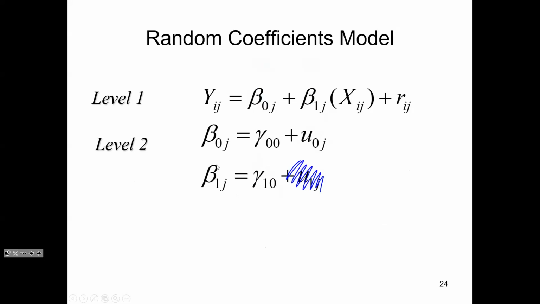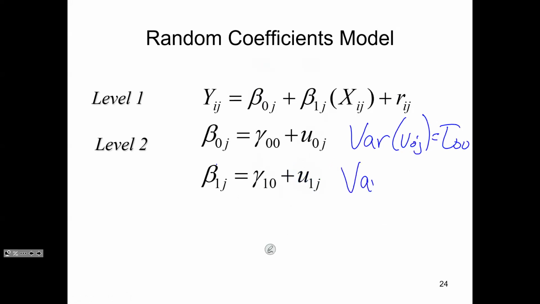And again, I compute the variances for U sub naught j and U sub 1j, and those variance components are actually the parameters in our model. We're going to estimate as the parameters in our model the fixed effects and the variance components.